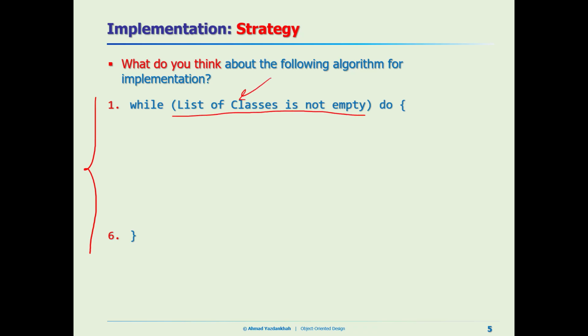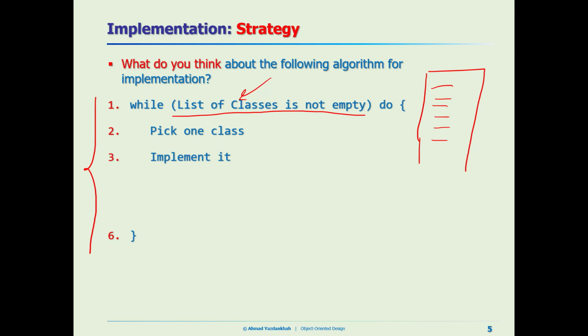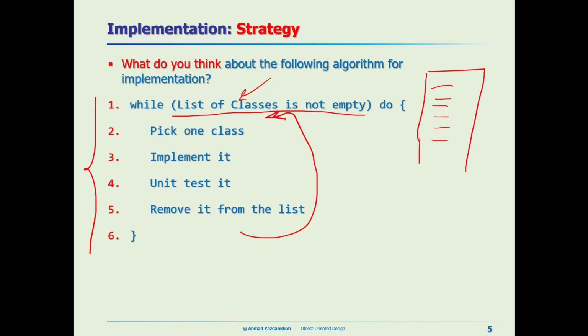As long as this list is not empty, do what? First, pick one class, implement it, and then unit test it, and then remove it from the list and go back, pick another one.